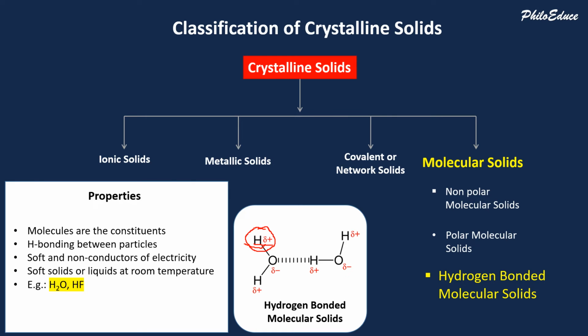Hydrogen bonded molecular solids, there exist hydrogen bonds. Examples are water, hydrogen fluoride, ammonia, etc. In the case of ice, we know that water makes ice in its solid form. There exists hydrogen bonding between two molecules of water.